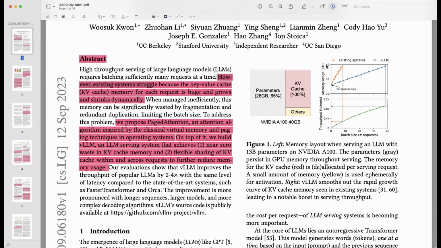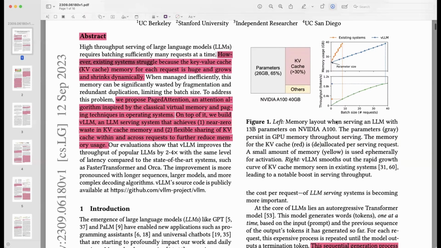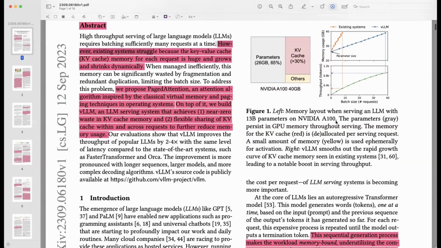So for a 40 gigabyte memory space, you can now serve around 900 requests per second, whereas in a traditional existing system, you could only serve around 300 requests per second. I'll pause here for a moment.